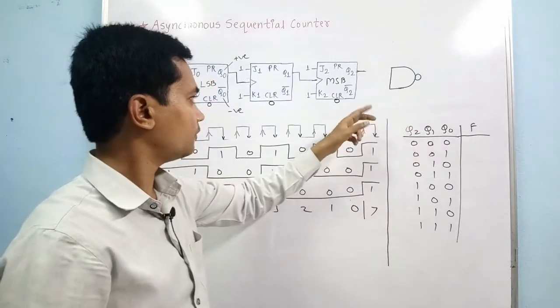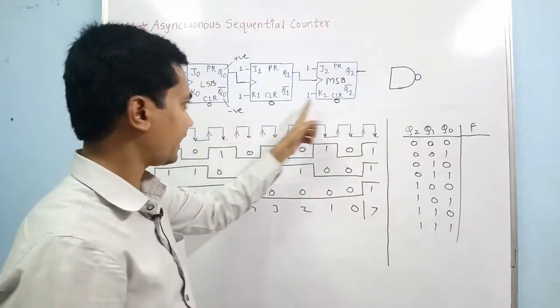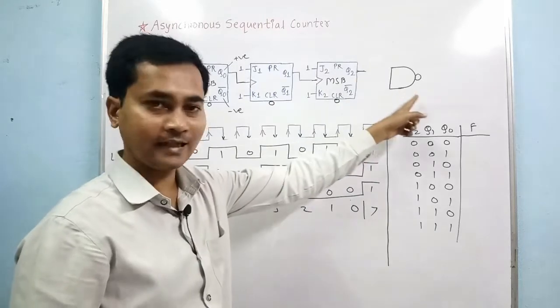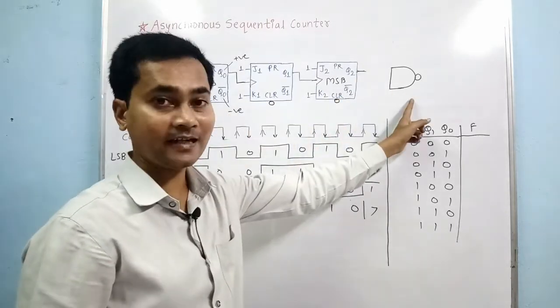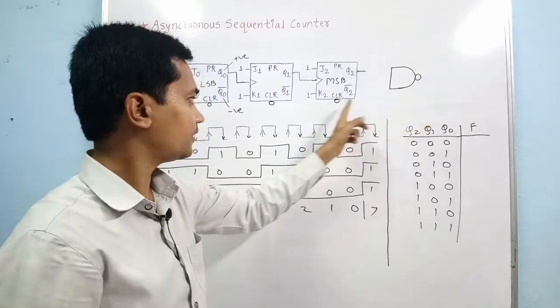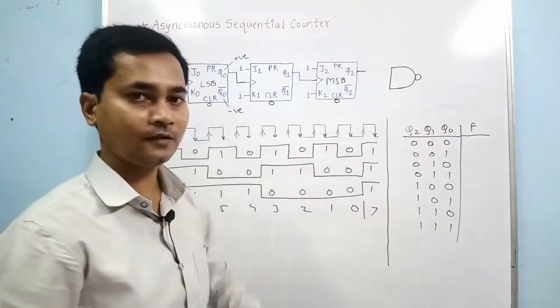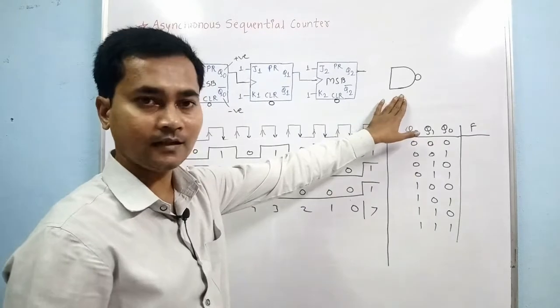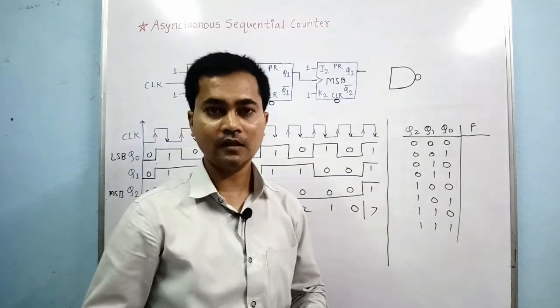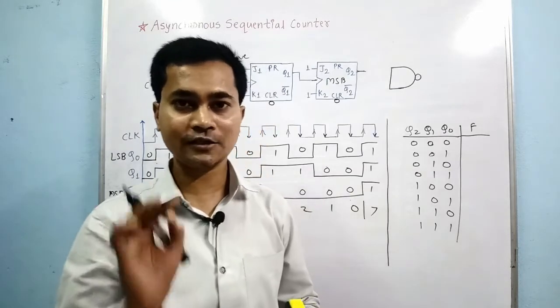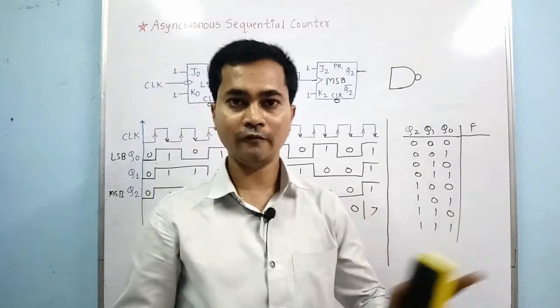So if the clear pins are active low, use NAND gate. If clear pins are active high, use AND gate. Consider the clear pins are active low, so we use the NAND gate here. And you know the truth table of the NAND gate. If any input is logic 0, the output will become 1.